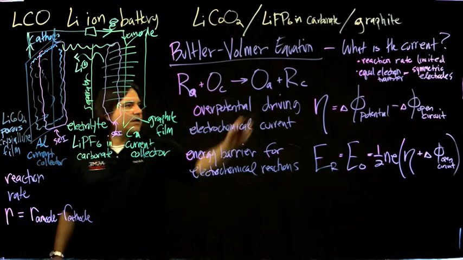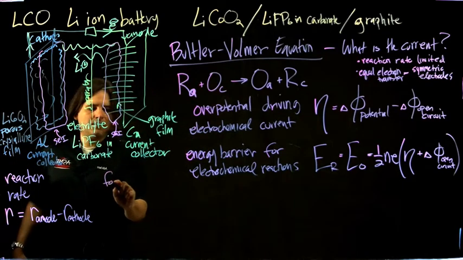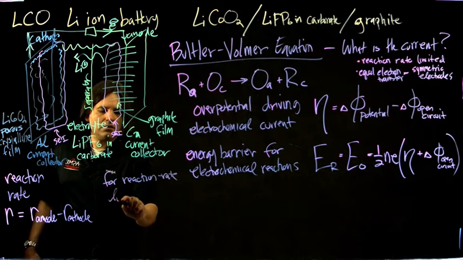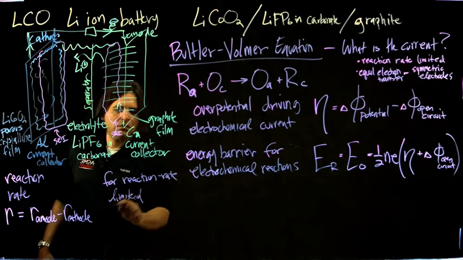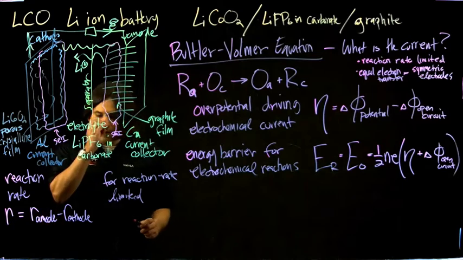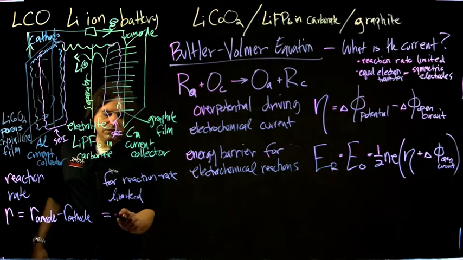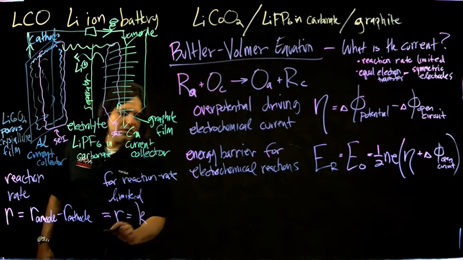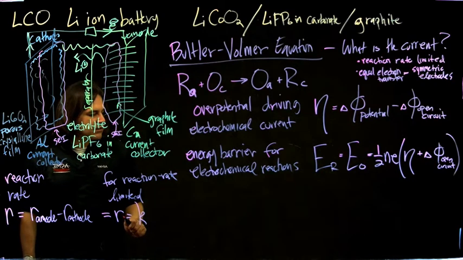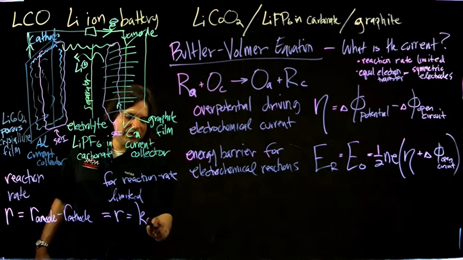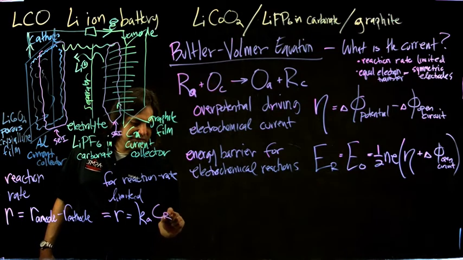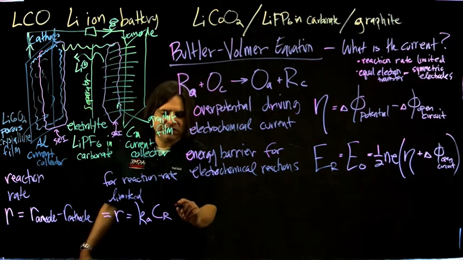And then for this, for reaction rate limited, you can write that R equals some reaction rate constant coefficient at the anode times the concentration of the reduction species, R, times this energy barrier effect.